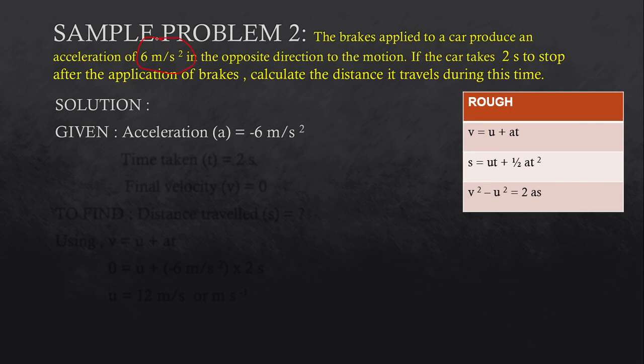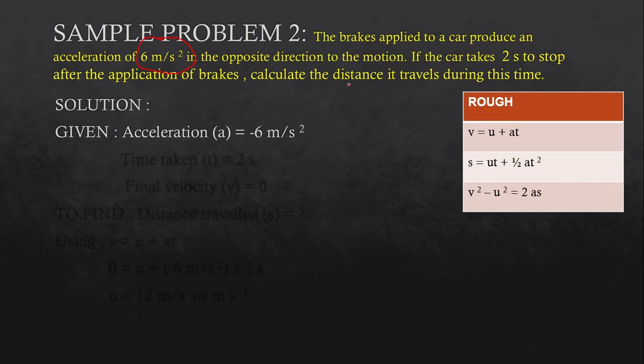And students, sometimes when questions are given to you you are not able to understand what is given just by looking at the question. Then these units also help you to find out what is given. Like you can see here, the unit is meter per second square, and meter per second square is the unit for acceleration. So you can easily make out that this is the acceleration.